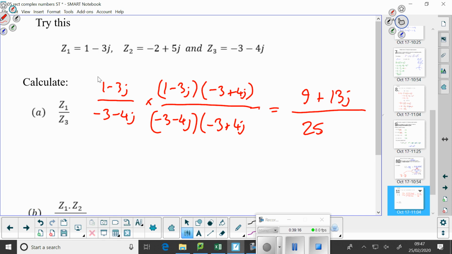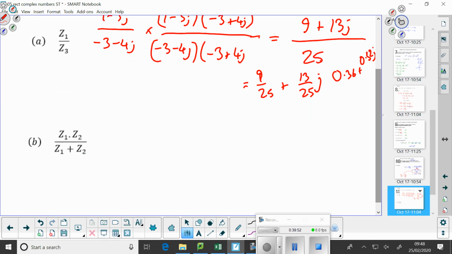So you can write that as either 9 over 25 plus 13 over 25j, or if you've divided it out, 0.36 plus 0.52j. All got that one.